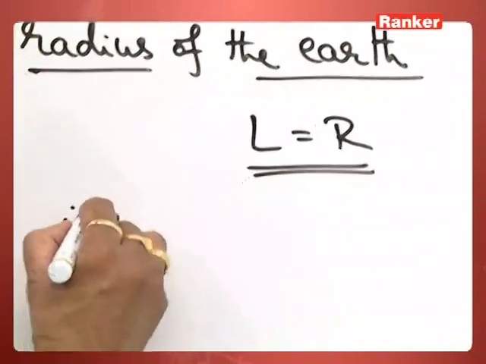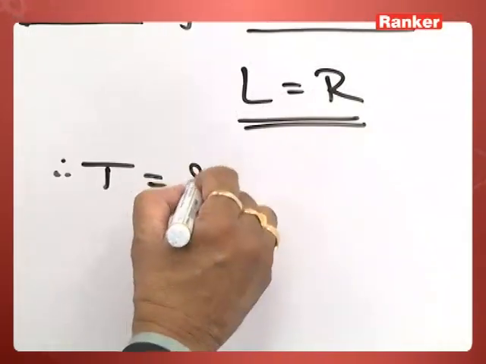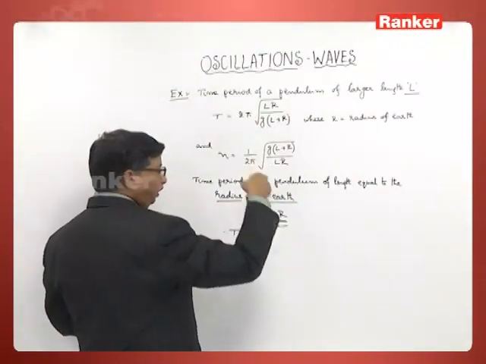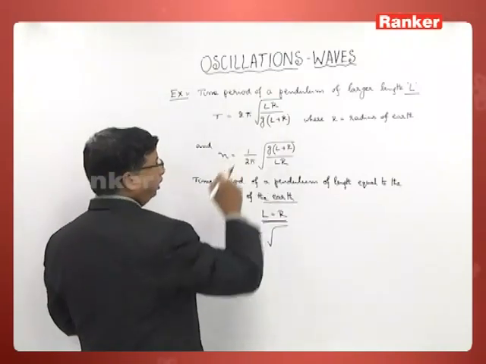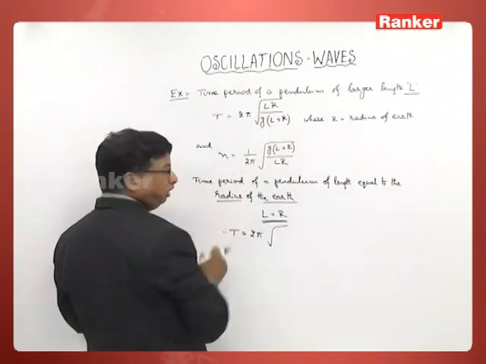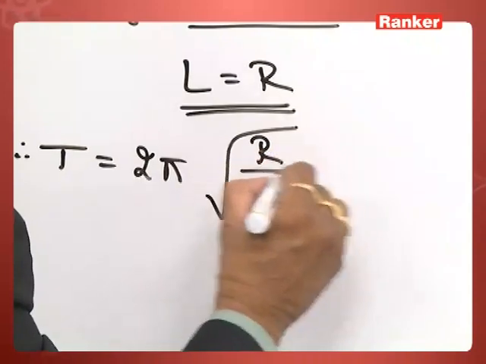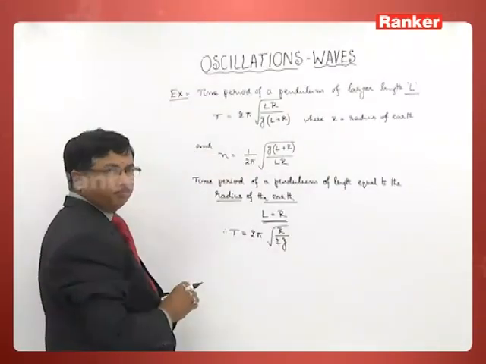Therefore, what would be the formula for its time period? It is 2 pi under root, with L equal to R we can write, this becomes R square by 2R, R gets cancelled, R by 2G you will be getting.